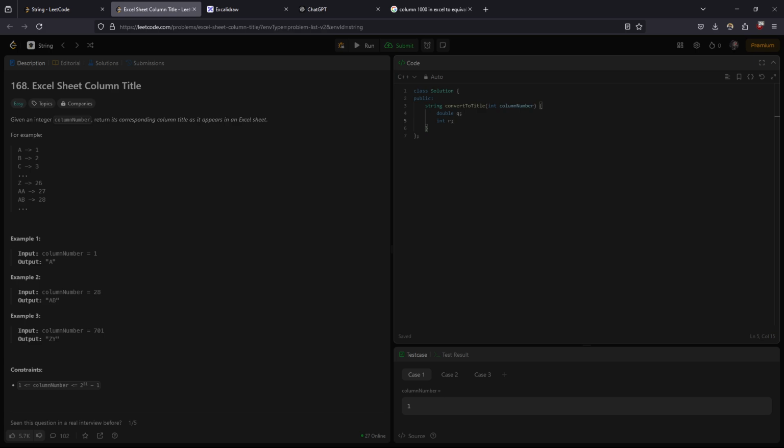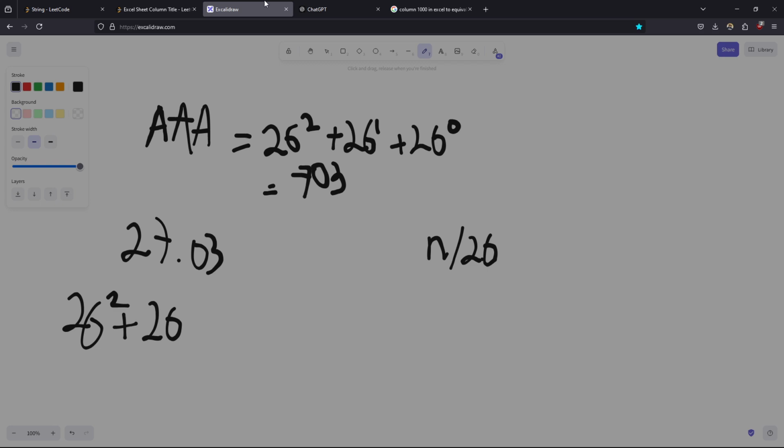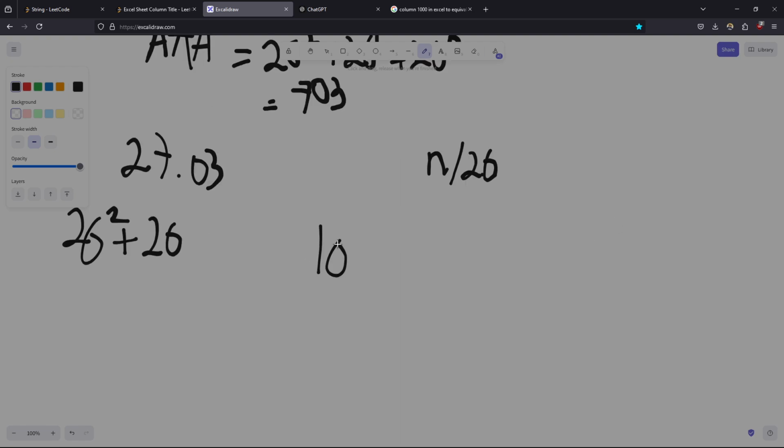So what we can do is, we need the remainder. Should the remainder be taken at last or not? When I divide the given number by 26, let's suppose 1000, I can check whether that number is greater or less than 26.